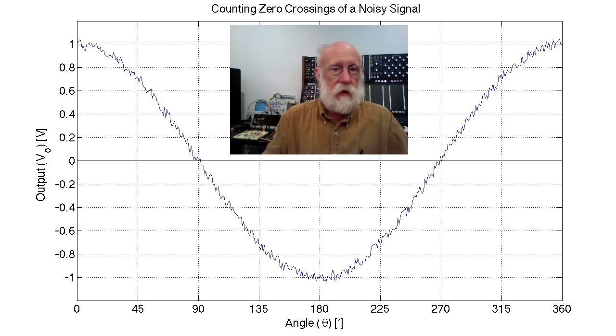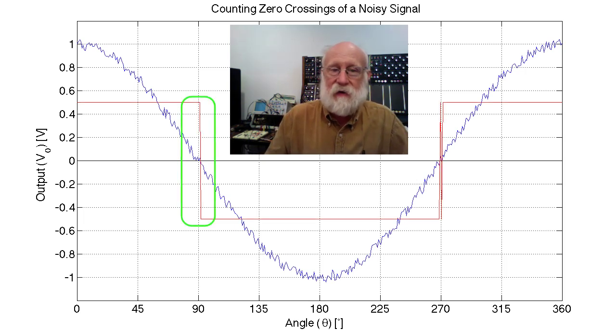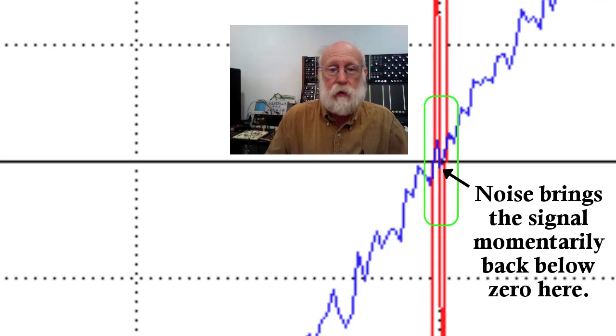As that sinusoid crosses through the comparison point, which I have set in this example to be at 0, the noise may actually cause the comparator to switch more than one time if the noise causes it to sort of bounce up and down around 0 as it goes through 0. So if we look at what the comparator does in this case, note we get a nice clean transition going down, but we get an extra spurious pulse when it goes back up because of the noise.